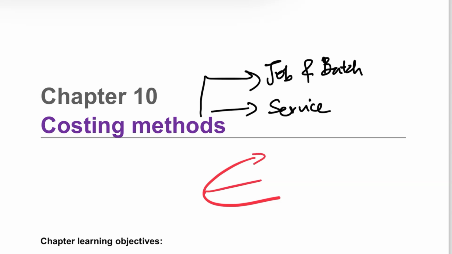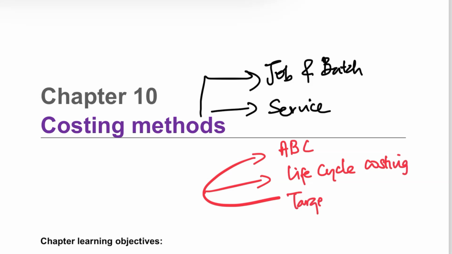One is activity-based costing, so an extension in a sense of absorption costing, which we already discussed in Chapter 8. Then we'll be talking about life cycle costing. And finally, target costing.